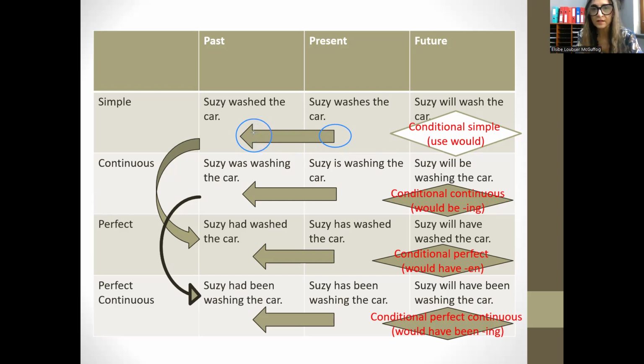If a sentence starts in present simple, you know you've got to move to past simple. Look at this arrow. It starts present continuous. It ends with past continuous.